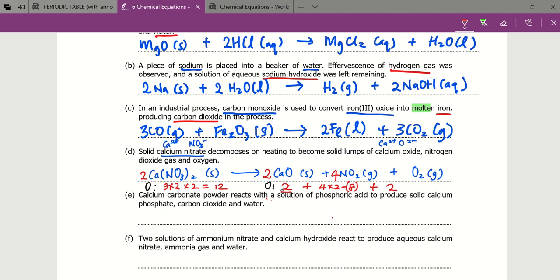So this is 2 plus 8 plus 2, which gives me 12. And therefore, I have a balanced equation, which is 2 Ca(NO3)2(s) → 2 CaO(s) + 4 NO2(g) + O2(g). Okay, so this is my answer.